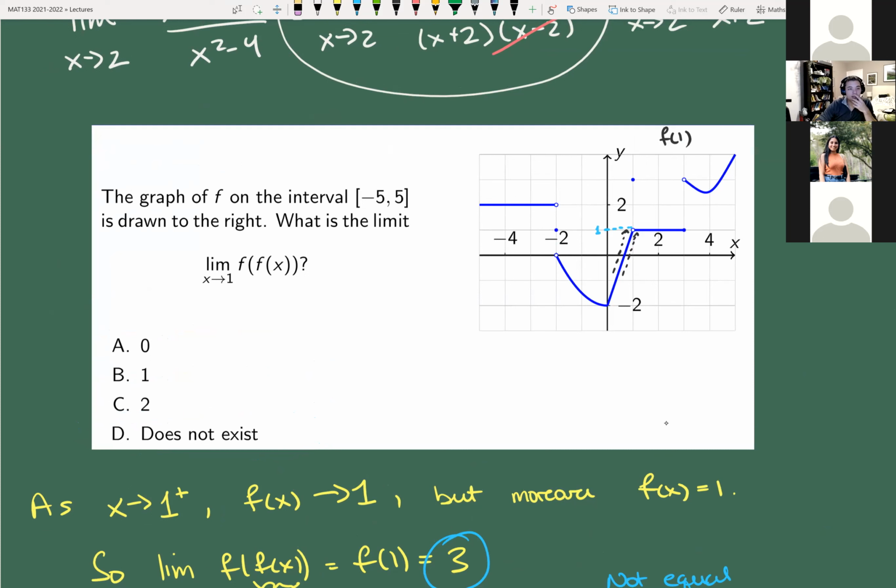Instead of asking the limit as x approaches 1 of f of x, I ask myself what would happen when x approaches -2 instead. So when you say you're just changing the question, you're changing it so that instead of x approaching 1, x is approaching -2. Is that my understanding?